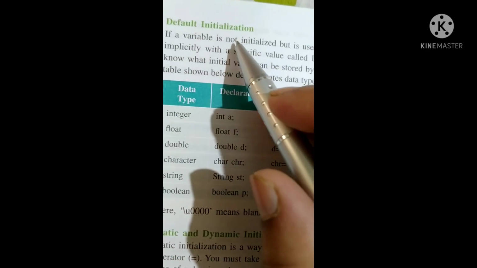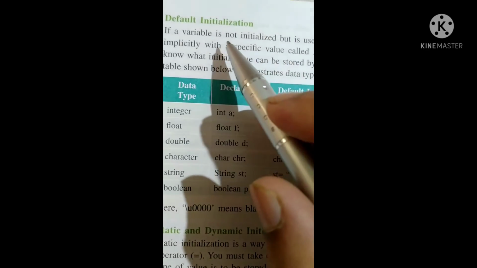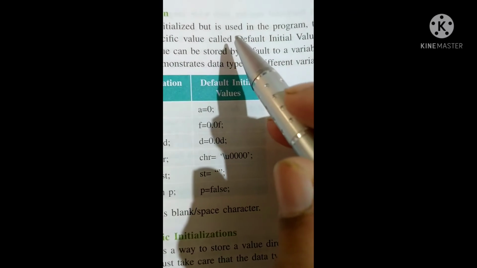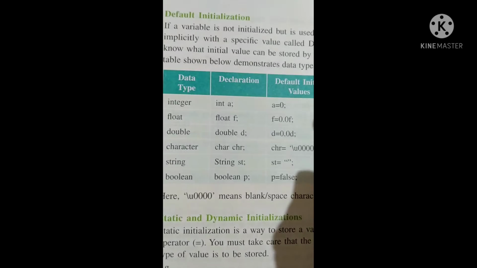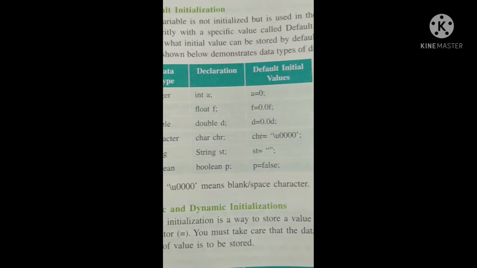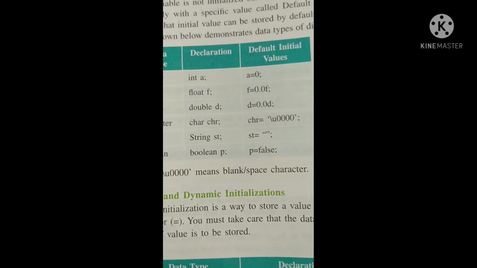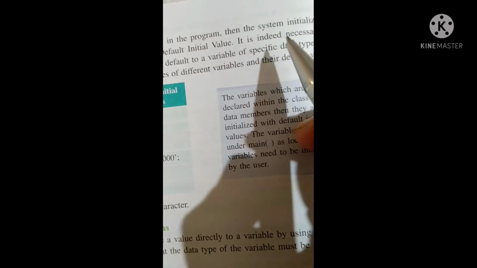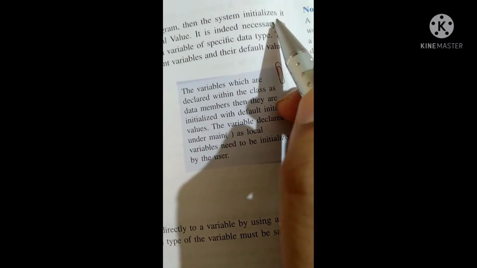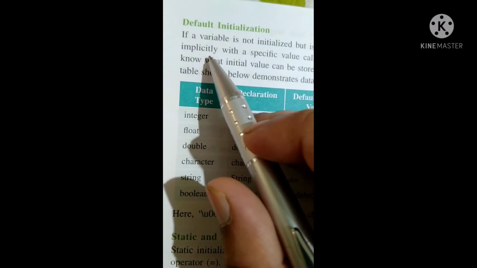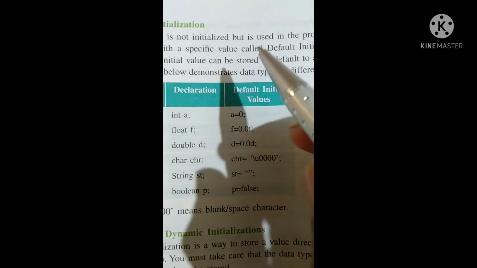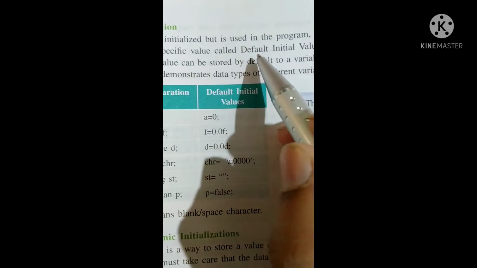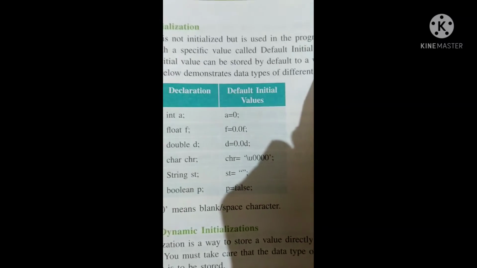Next, default initialization. If a variable is not initialized but is used in the program, that is, if you are not giving the value of the variable and only declaring it, then the system initializes it implicitly with a specific value called the default initial value.